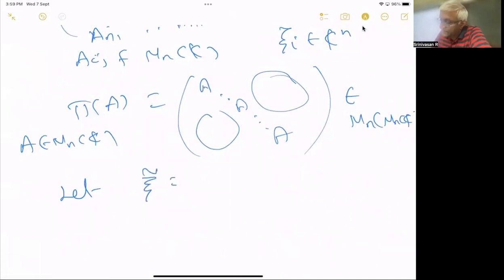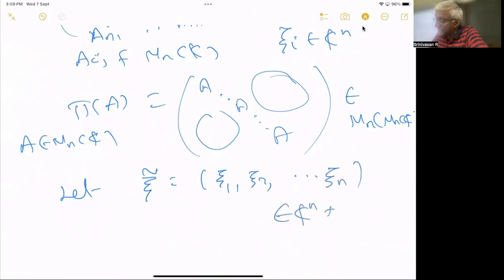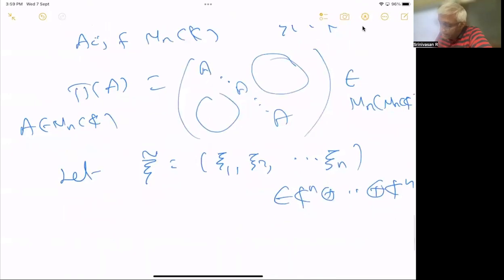These are all linearly independent vectors in Cn, but I am taking a single vector in Cn direct sum up to Cn, n times. Now I take pi of a applied to xi tilde, and I call this eta tilde.